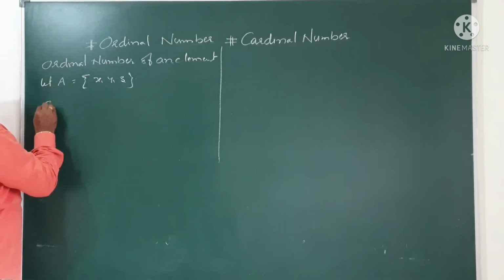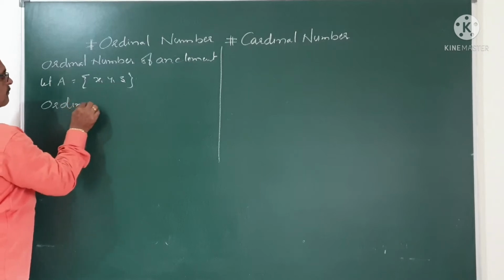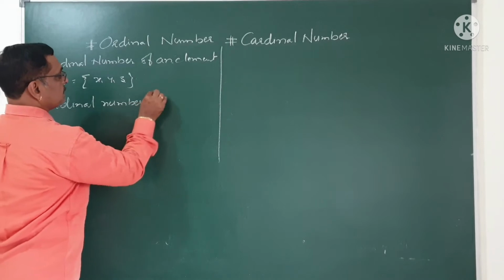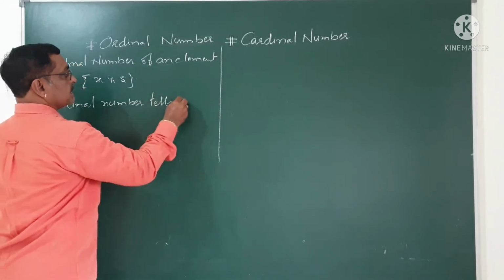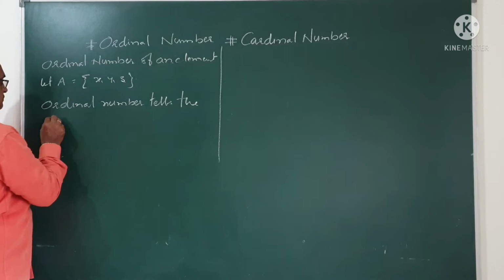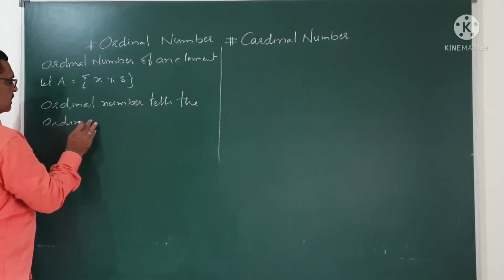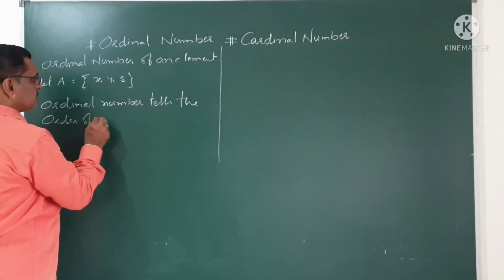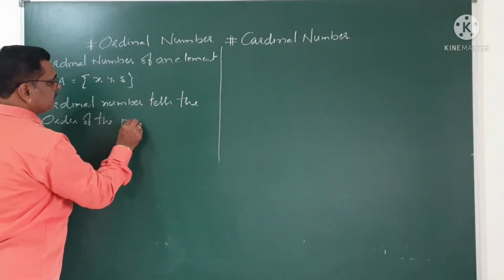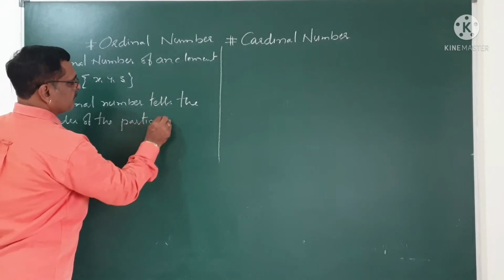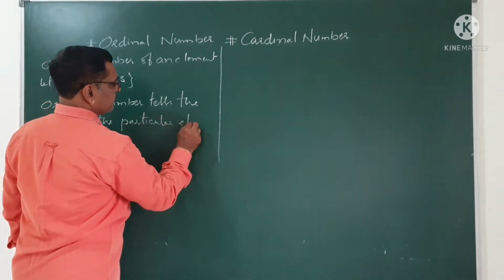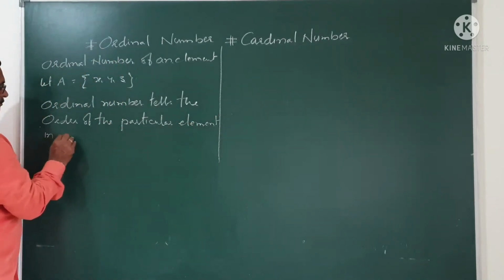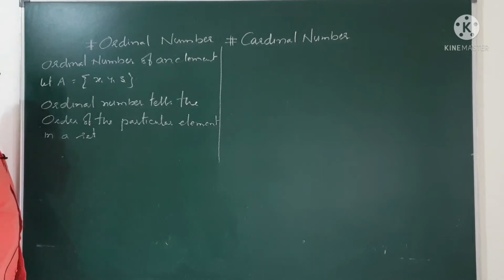So, ordinal number tells the order of the particular element in a set.